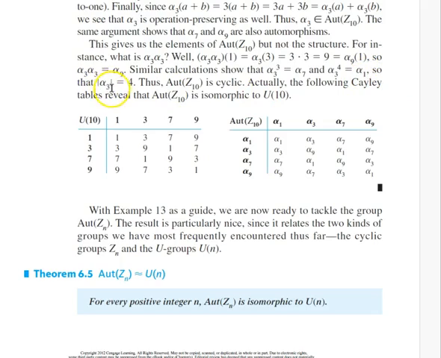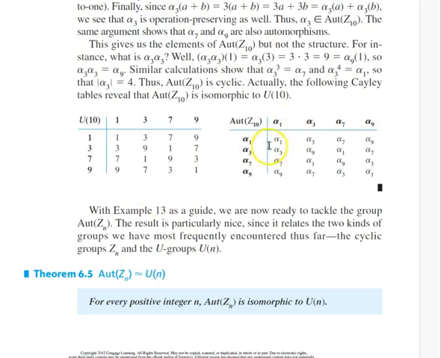So the order of alpha 3 in the automorphism group is 4, and 4 is the order of the group. We have 4 automorphisms here. This means that the group of all automorphisms of Z10 is cyclic. It is generated by alpha 3.